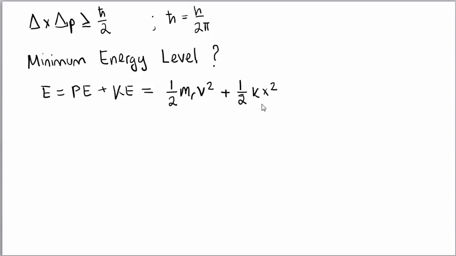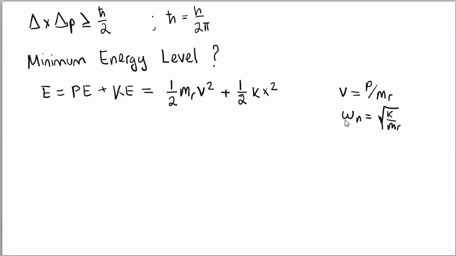These equations we derived last lecture. Now we also know that velocity is related to momentum and mass. So v is equal to the momentum divided by the reduced mass. And we know that the natural frequency omega n is equal to the square root of k over the reduced mass.